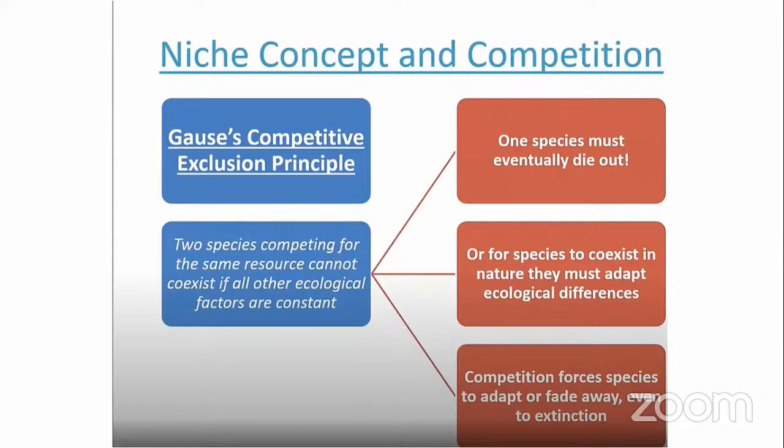This principle says two species competing for the same resource cannot coexist if all other ecological factors remain constant. So what will happen? One species must eventually die out.